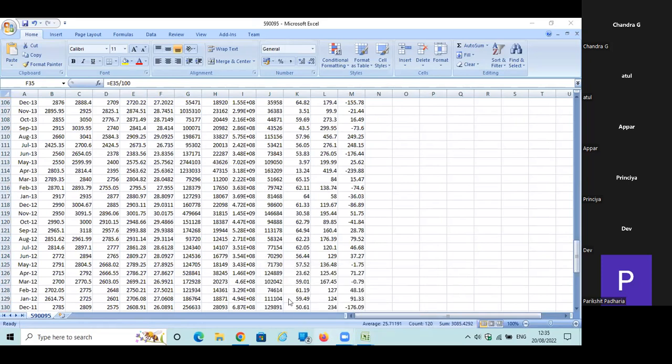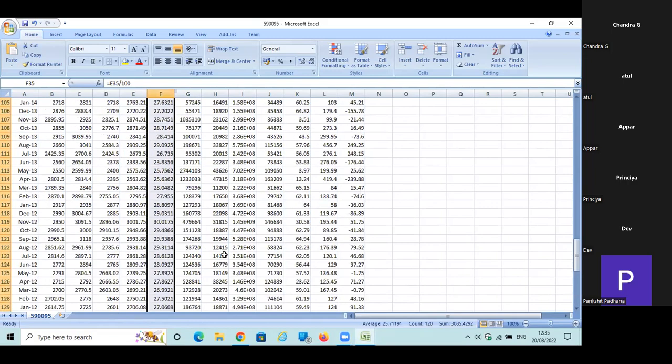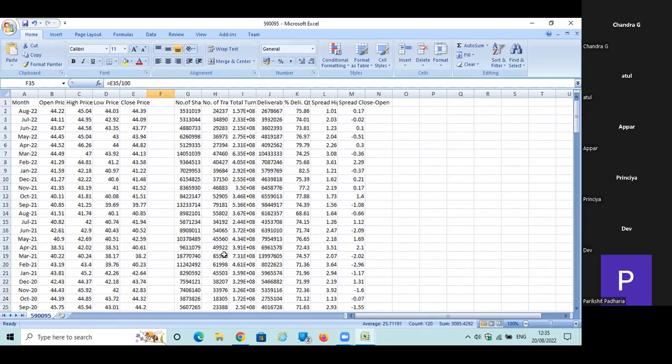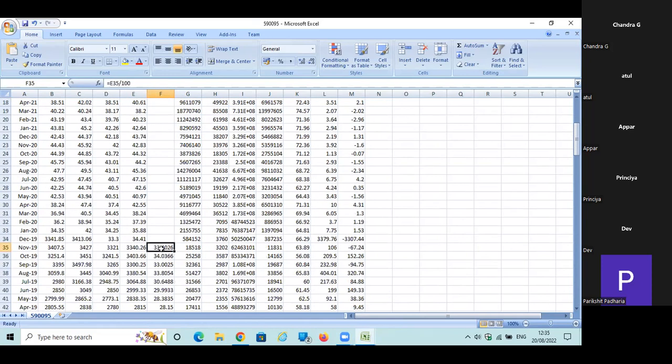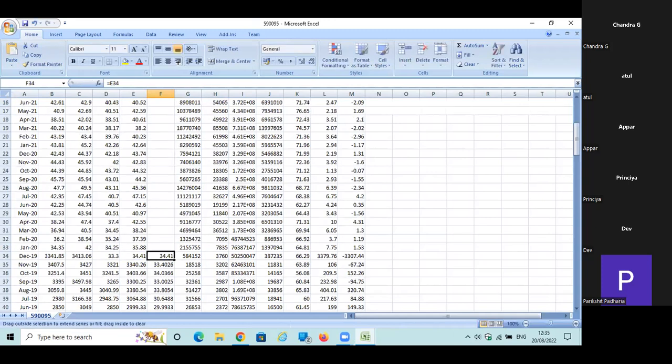Now go up. From that point where you've done by 100, from there, 34 onwards, it's equals to. Yeah. Correct. Now go up, take it up.